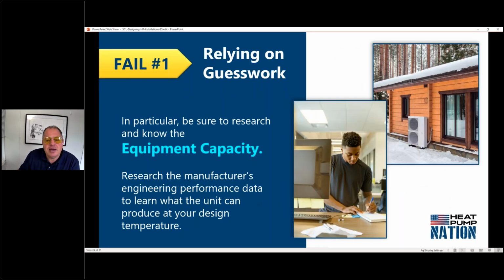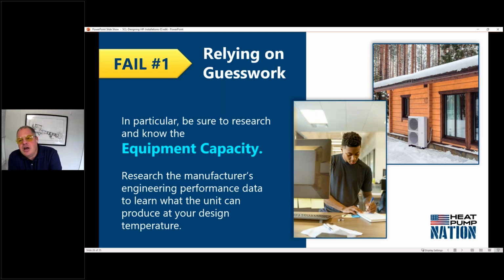Okay. Now that I shared some tips, now I'm going to share, okay, how do people screw this up out in the field? And I think, again, we can learn as much from our mistakes as we can from the recommendations. So fail number 1 is what I call relying on guesswork.